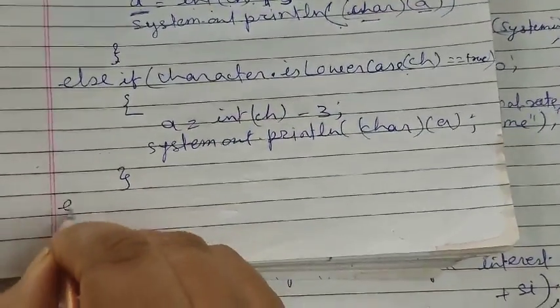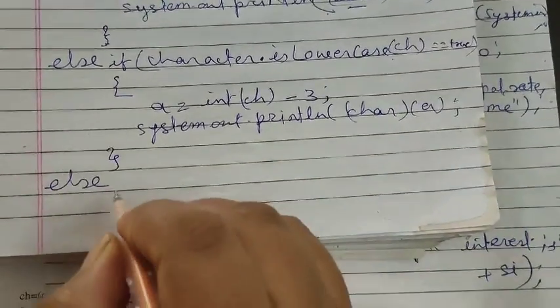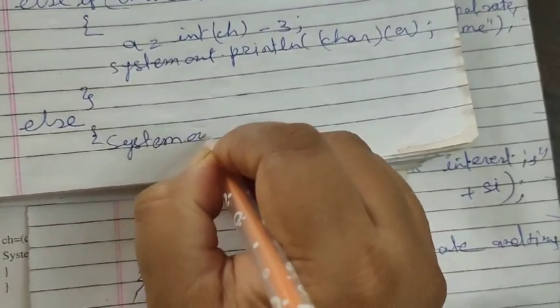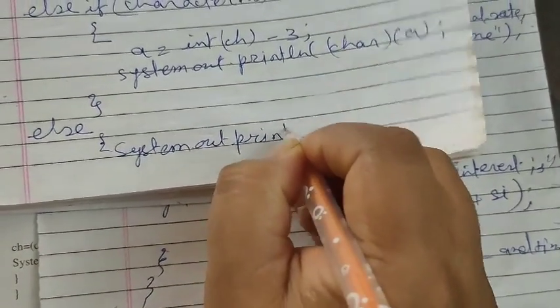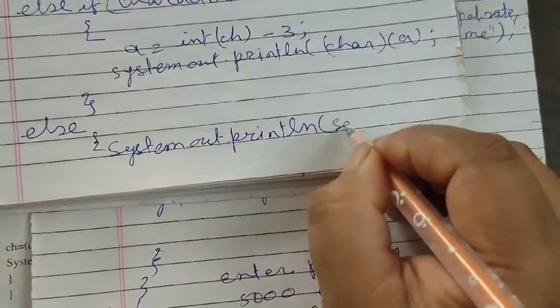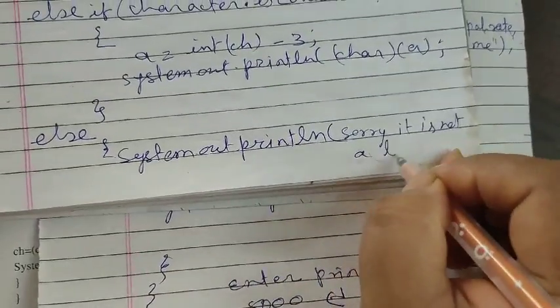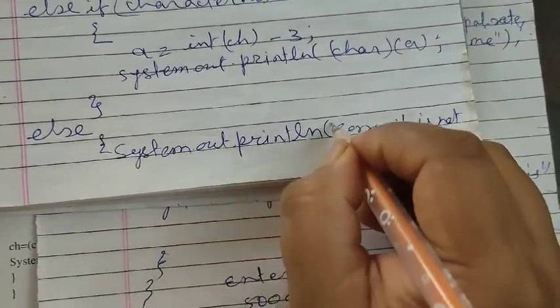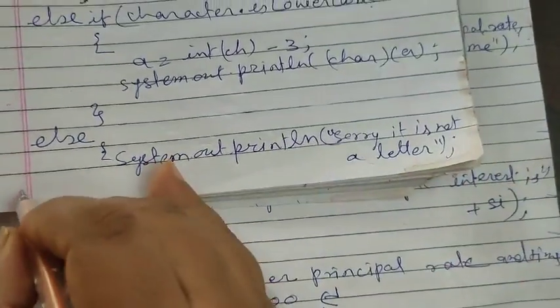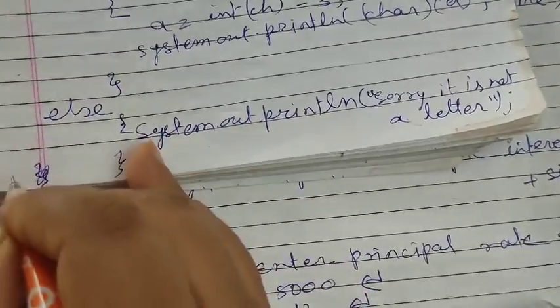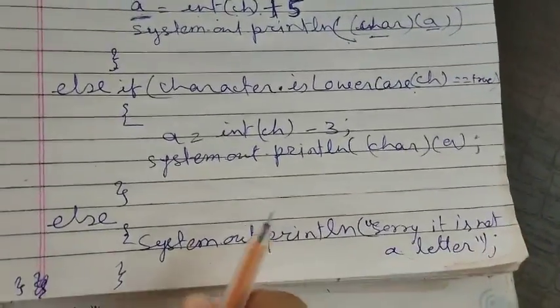If it is neither, that means it is not a letter, then I print System.out.println, sorry, it is not a letter. Letter means neither a capital letter nor a small letter. It may be something else, a special character or blank space or something like that. This is the statement you write in the else part.